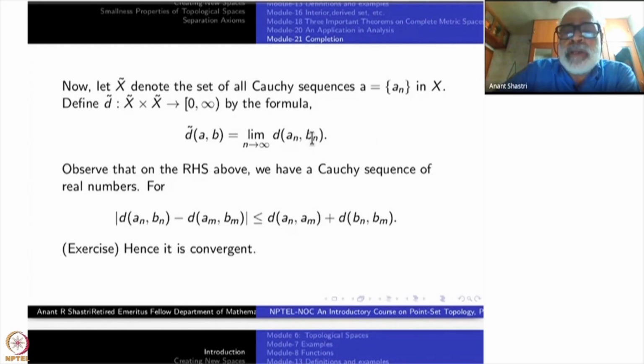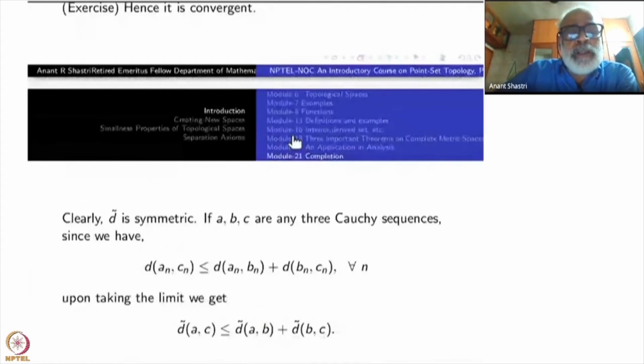So each term can be replaced by the sum of 2 terms. When you take the limit, it is the limit of the sums, which is the sum of the limits. So therefore, what you get is the triangle inequality: d of (a_n, c_n) is less than d of (a_n, b_n) plus d of (b_n, c_n). So when you pass to the limit, you get the triangle inequality for d twiddle.